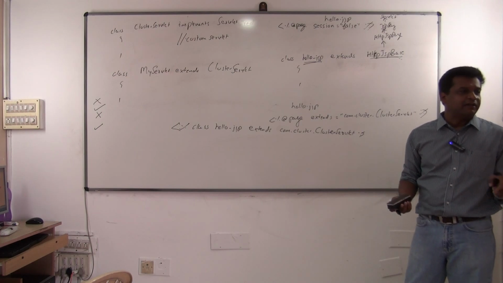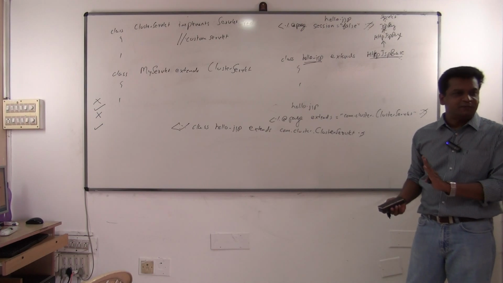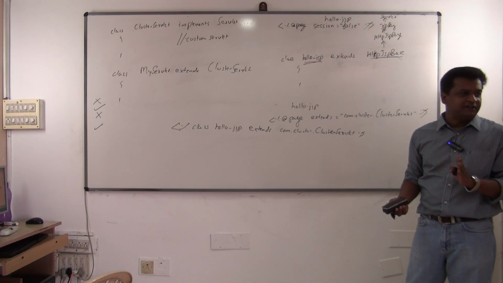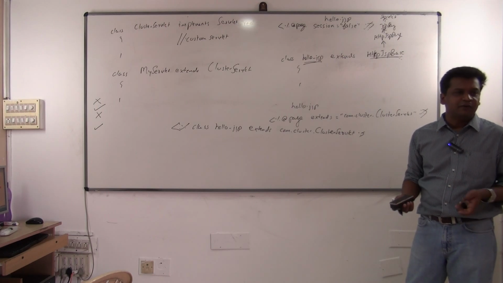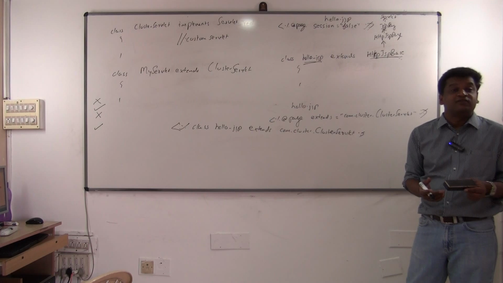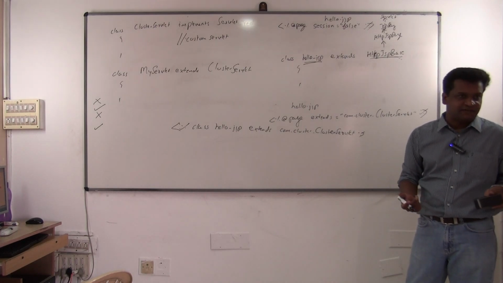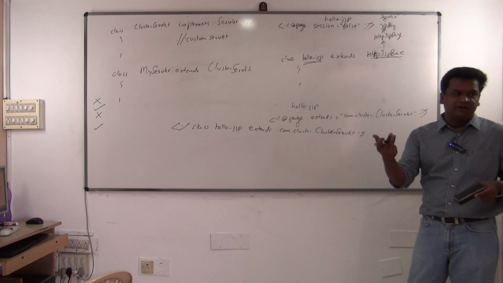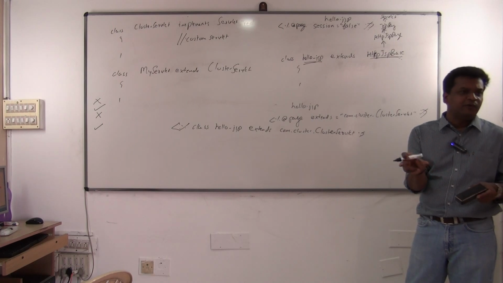But if at all you require it, that option is there in servlet, and the same option has been provided in JSP by using the extends attribute of the page directive. A very tricky interview question: if my JSP has to extend some class other than HttpJspBase, what should I do? Write your custom servlet and use the extends attribute of the page directive and give the fully qualified class name.